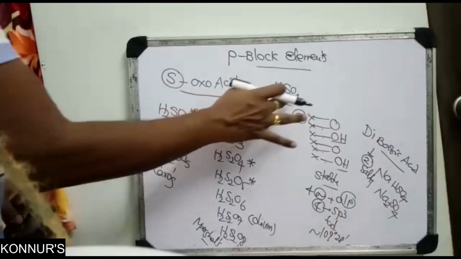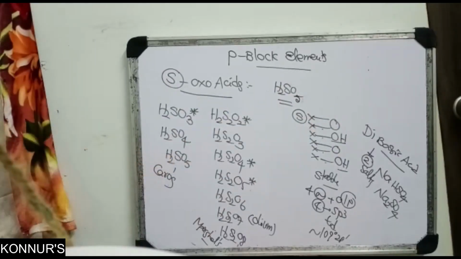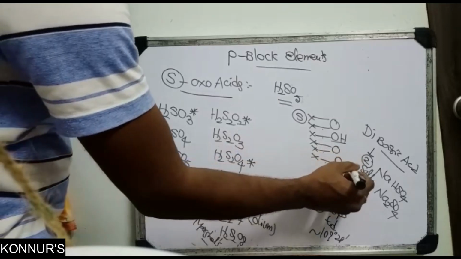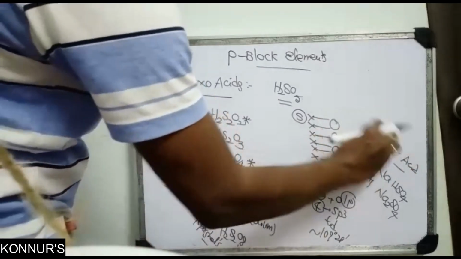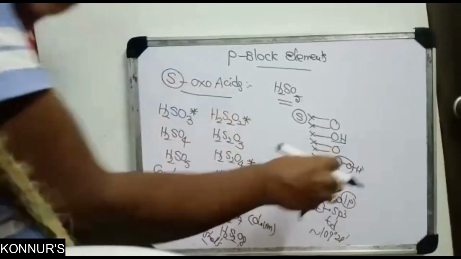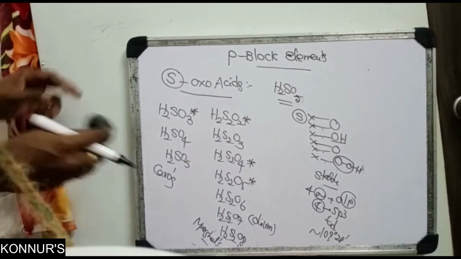Next, H2SO5. So Caro's acid, the name itself, peroxy is there. So one OOH. So peroxysulfuric acid. Actually peroxy is unstable, so no need to think about the salts and all those things.